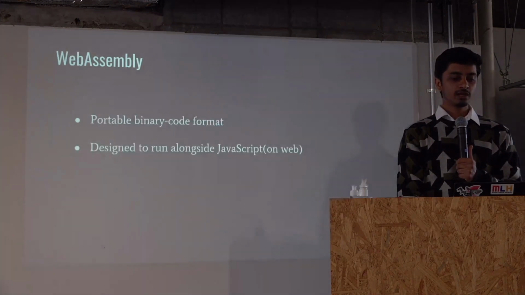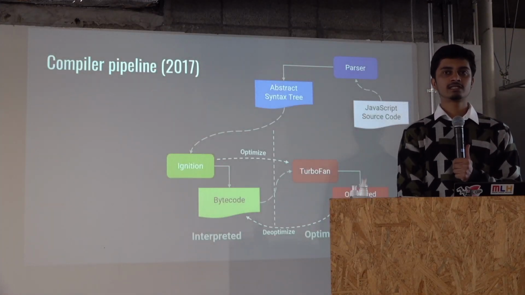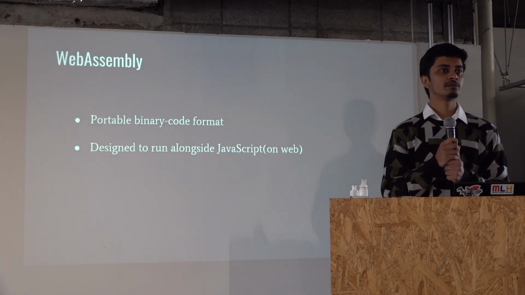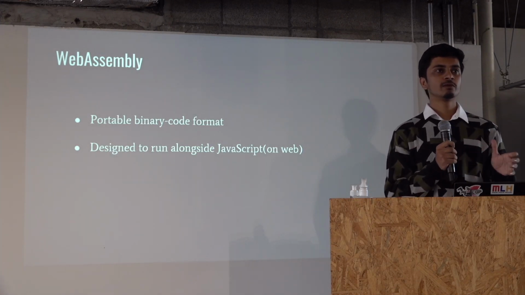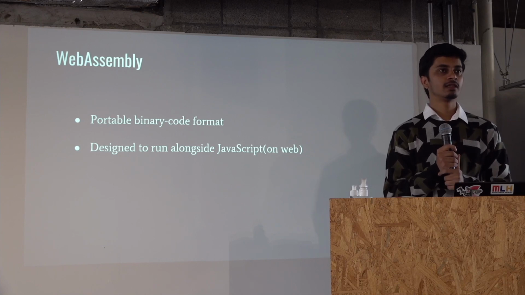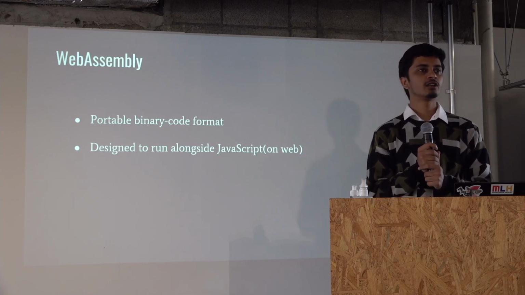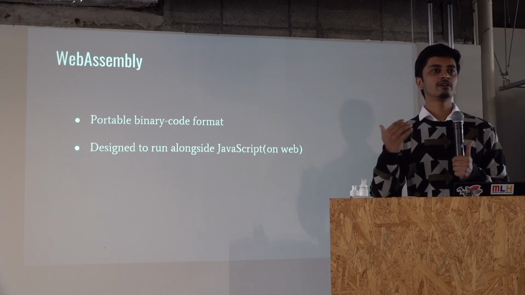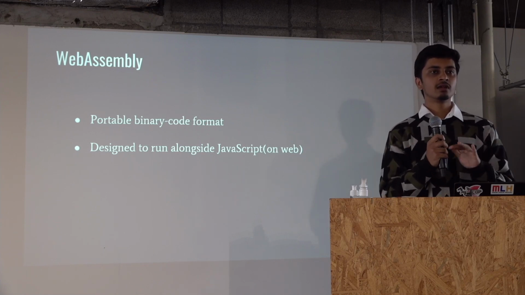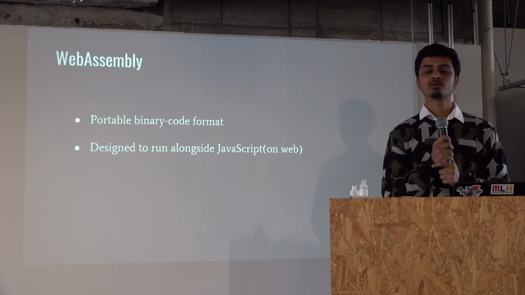So before diving individually into all this, let's talk a little bit about WebAssembly and how this JavaScript engine thing applies to that. WebAssembly is a very recent thing, and it is a portable binary code format. It allows you to run code written in different languages other than JavaScript, and it is made to run on the web.